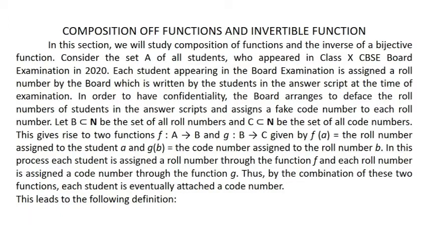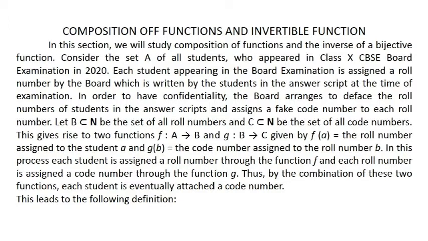In order to have confidentiality, the board arranges to deface the roll numbers of students in the answer script and assigns a fake code number to each roll number. Let B subset of N be the set of all roll numbers and C subset of N be the set of all code numbers.